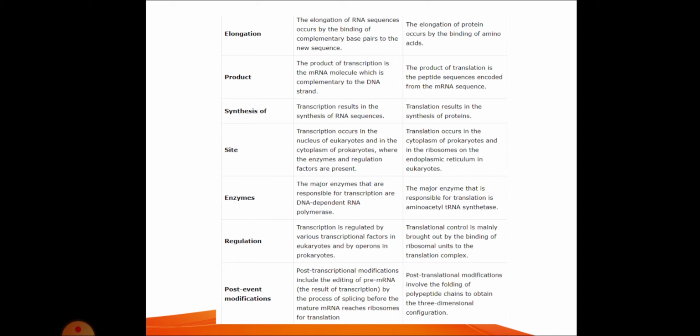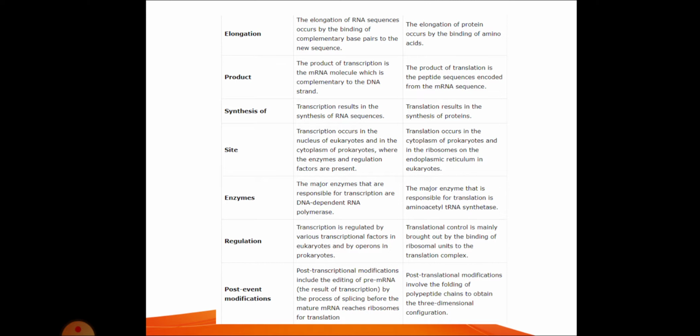The elongation of RNA occurs by the binding of complementary base pairs to the new sequence, while in translation the elongation of protein occurs by the binding of amino acids. Okay? The product of transcription is the mRNA molecule which is complementary to the DNA strand, while the product of translation is the peptide sequences encoded from the mRNA sequence.